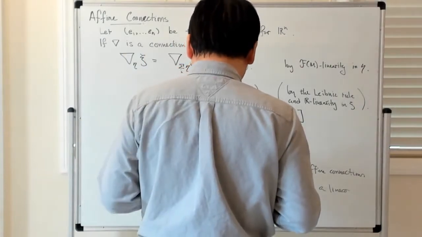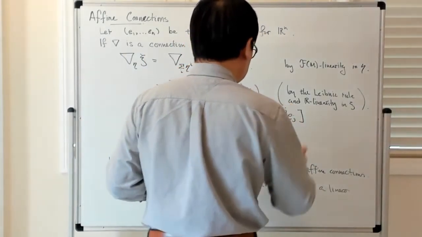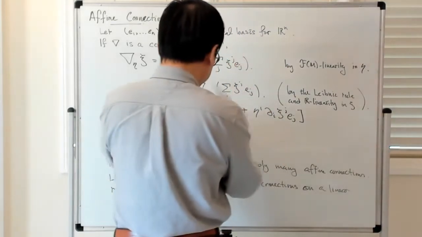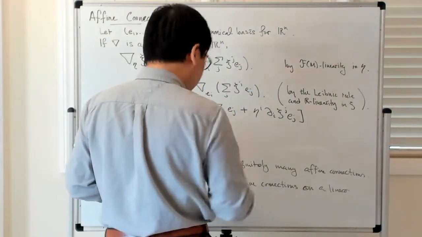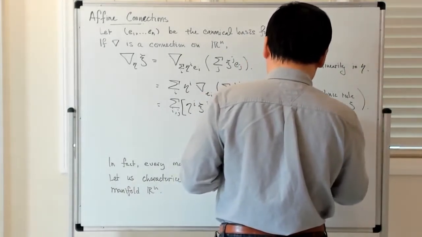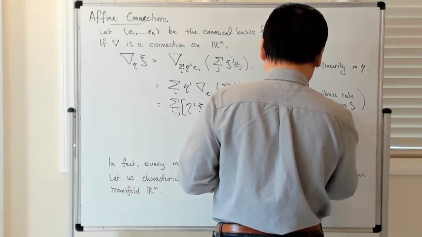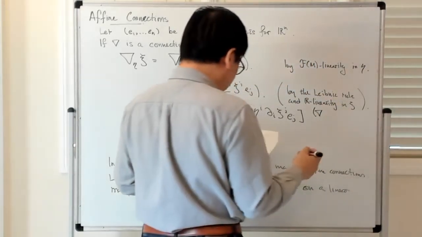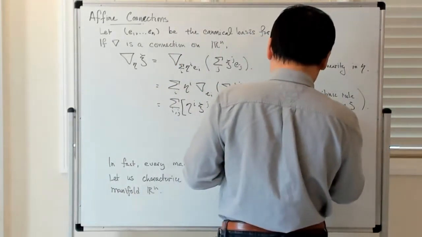So I should say that the Leibniz rule is sort of applied with the terms switched. So this comes from the following version of the Leibniz rule. It's the same Leibniz rule, but the terms are ordered in a different way.